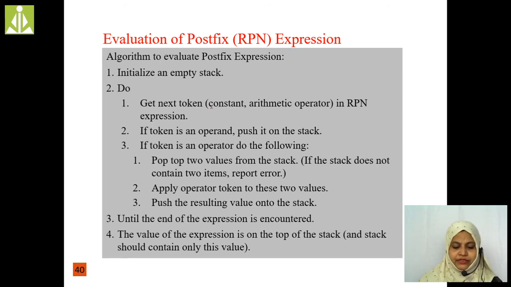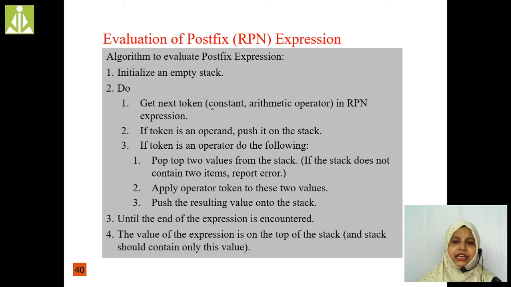Then we have to take the next token, constant or arithmetic operator. If it is an operand, then we have to push it into this stack. If it is an operator, then we have to delete the top two elements from the stack, perform the operation, and push the answer into the stack.